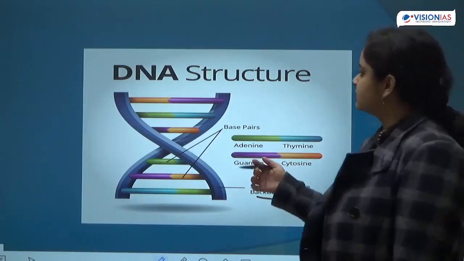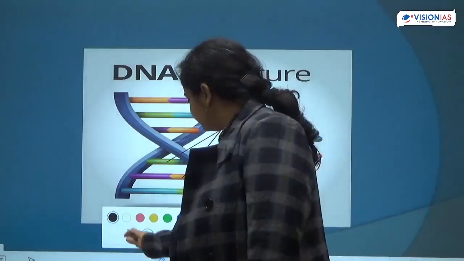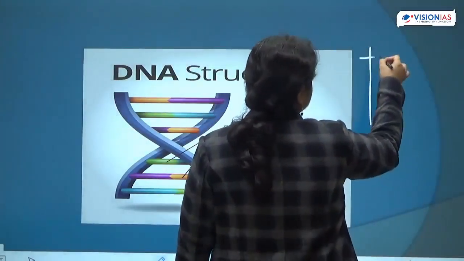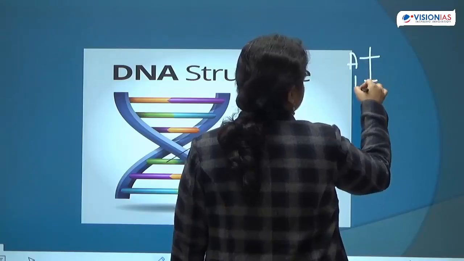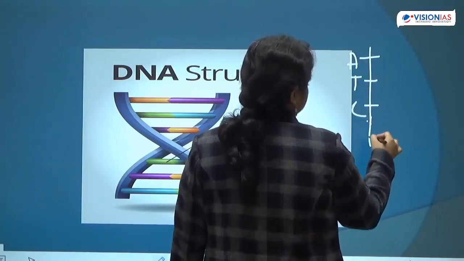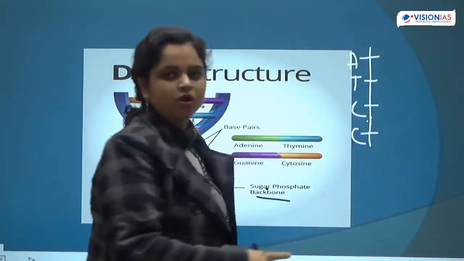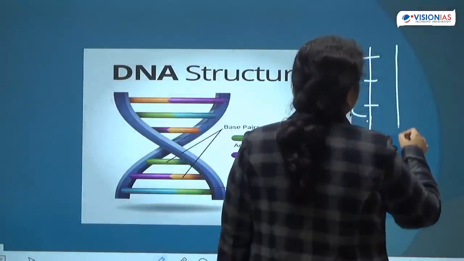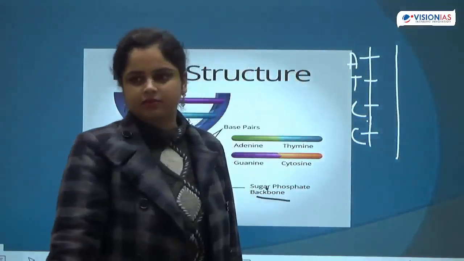If I know what is present in one strand in one area, I can easily predict what would be there on the other side.